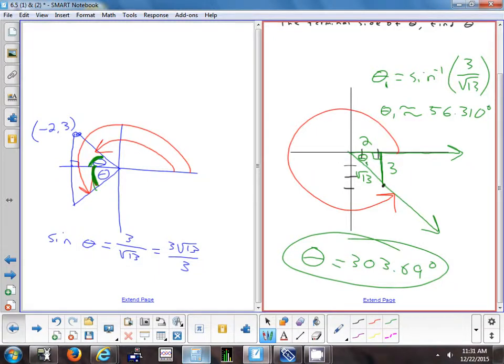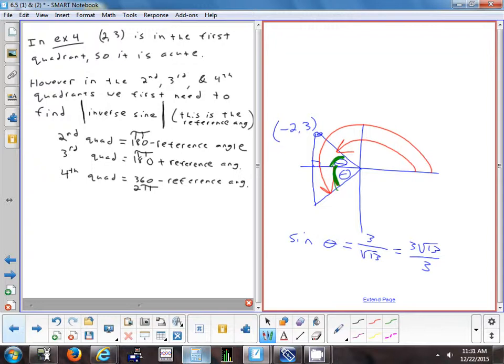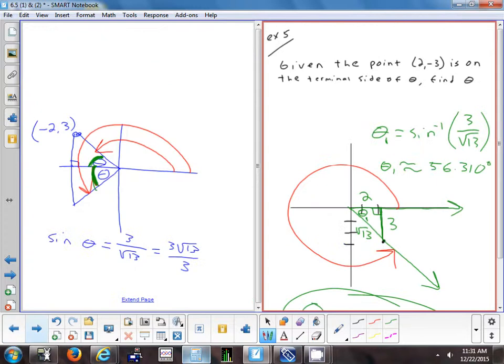Does anyone need me to practice one in each quadrant? Finding the reference angle is the same every time. It's just, do you do 180 minus it, 180 plus it, or 360 minus? Just follow those directions, but stick with the absolute value of inverse sine. Just stick with doing it that way. Otherwise, you might get a negative angle, or you might get confused.